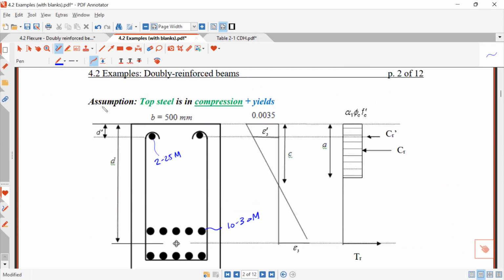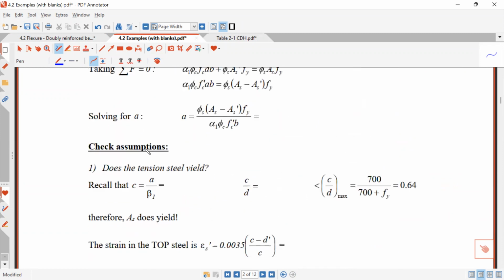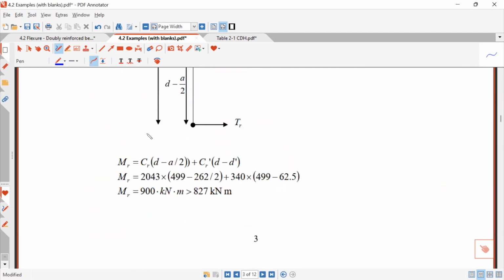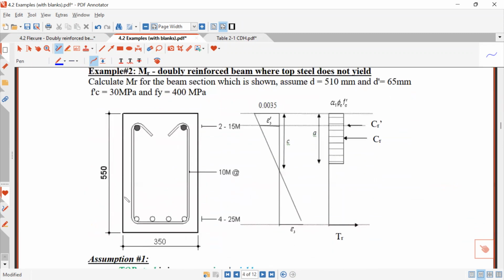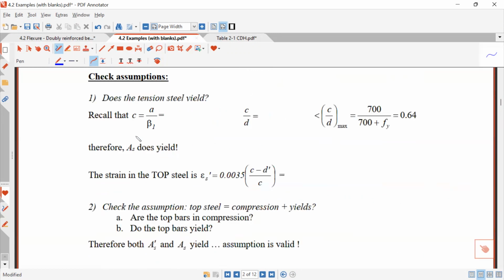Like we said, we're going to have to make an assumption and then solve according to that assumption. If it doesn't work, we need to go to the second assumption. So next class, we'll go through this example here, and then we will cover a second example, which is going to show another assumption. Okay, so those are the two examples we'll do next class.